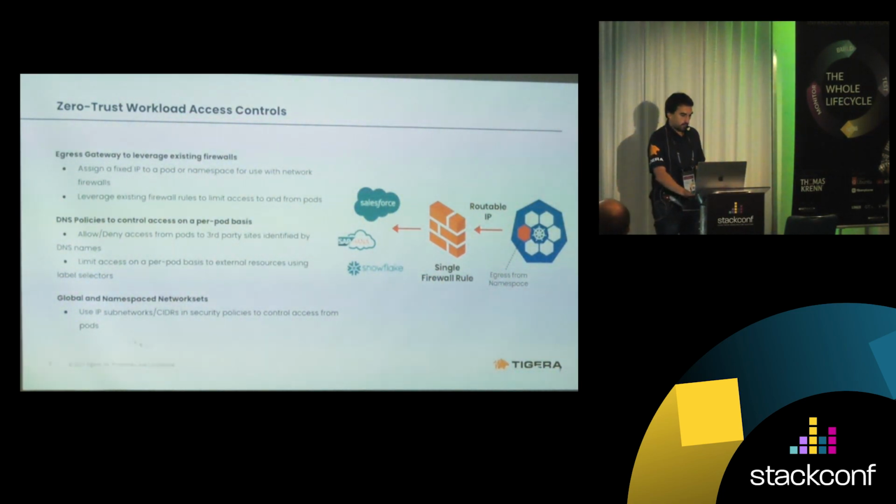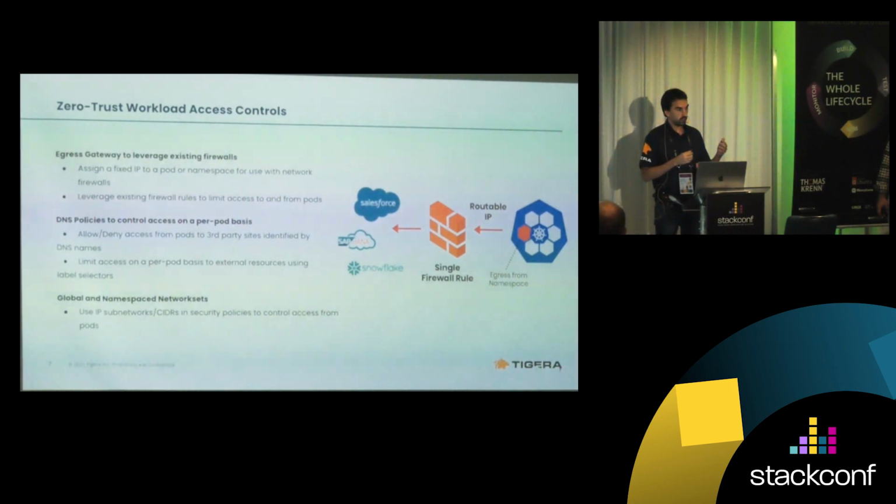Another aspect of the policies, we have added network set and also global policies. So network set, it's very interesting because maybe you have a threat feed from a third-party security vendor that will give you a link, a URL with some malicious IPs of the day.